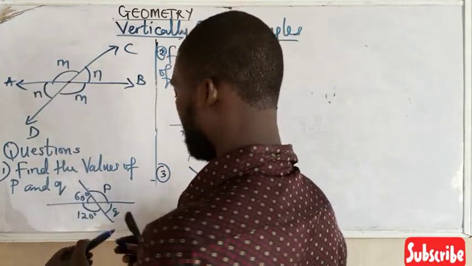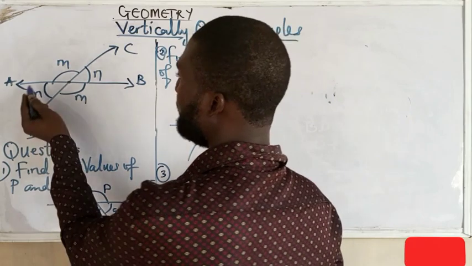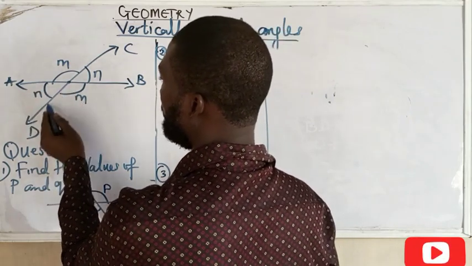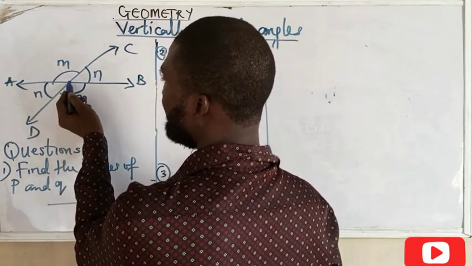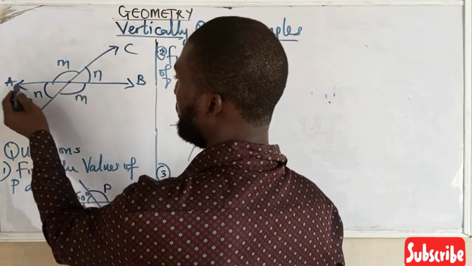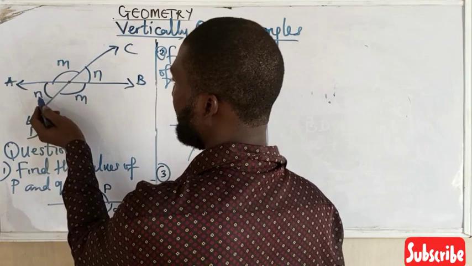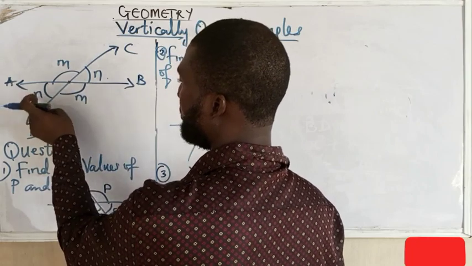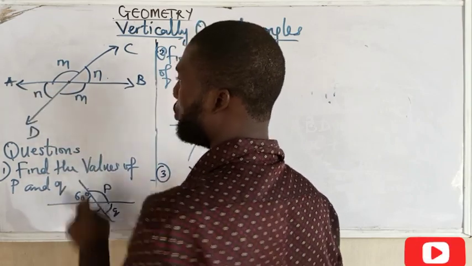Now, if I look at it this way, you will observe that this angle is sharing the same vertex point with this angle here. So this angle is equal to this other angle. So angle N is equal to angle N.